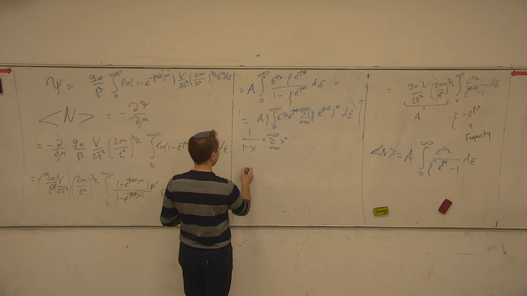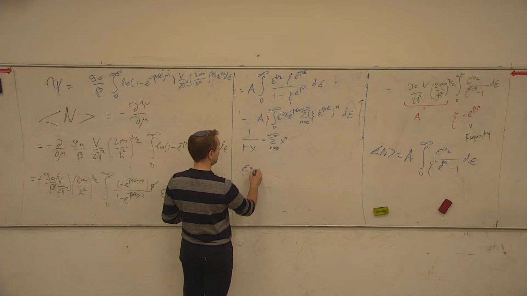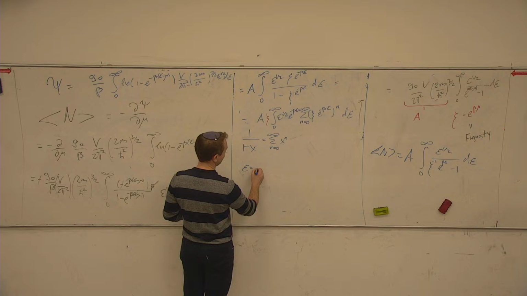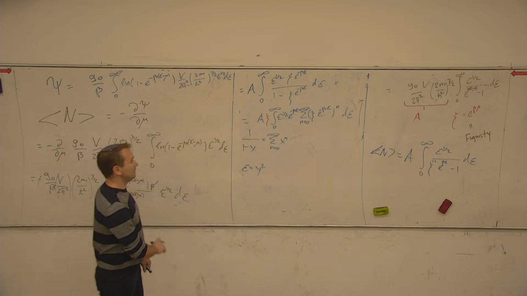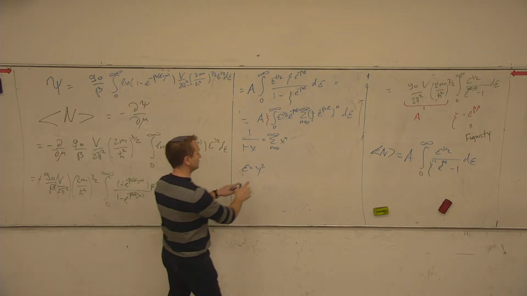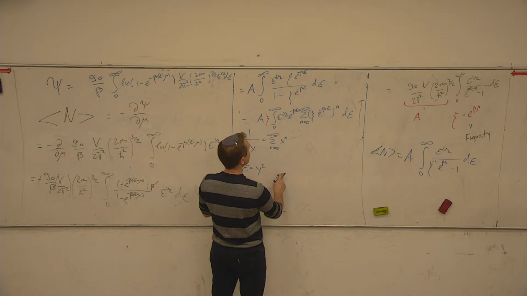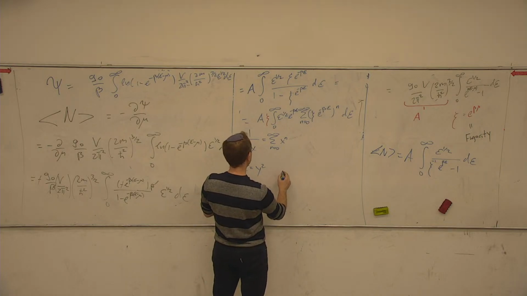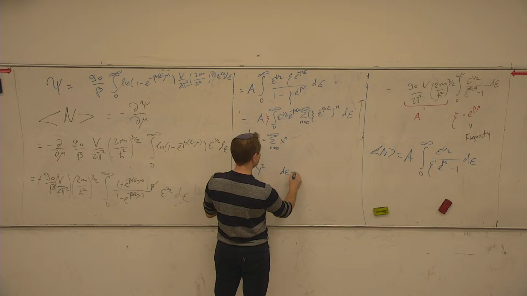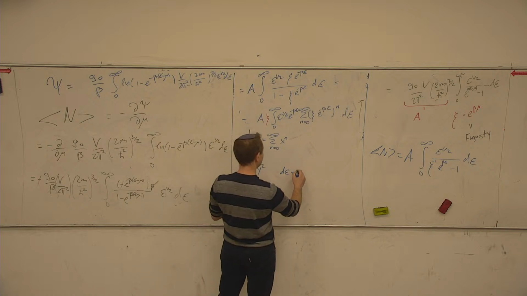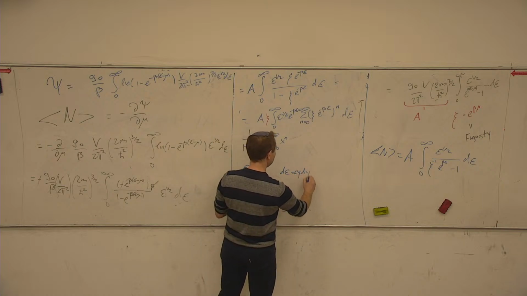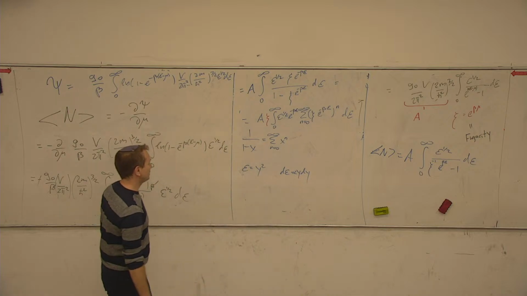I want to say that epsilon is y squared. So d epsilon is what? It is 2y dy, right?